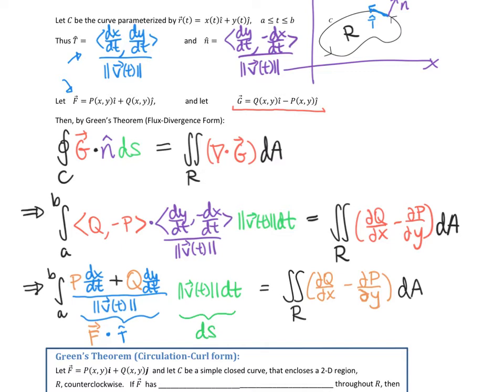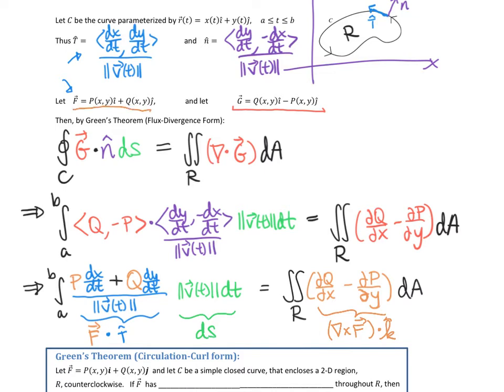And my right-hand side, wait, we've seen this. In fact, we saw this on the previous page in our previous example. This was actually just the k component of the curl of a vector field f if we define the vector field f as p i plus q j.